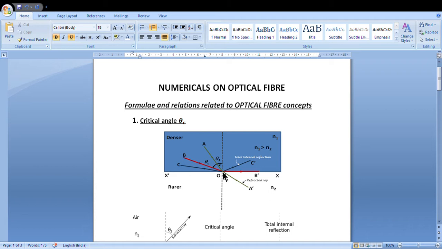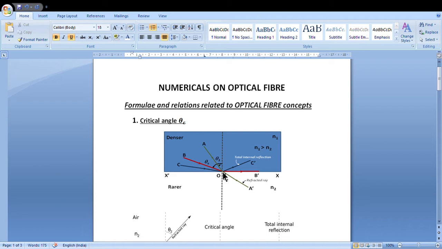Now in this discussion we'll be dealing with numericals on optical fibers, that is, problems based on the concepts that you have understood so far. The main idea behind optical fiber, with the fiber being the medium to transmit light as information, is total internal reflection.